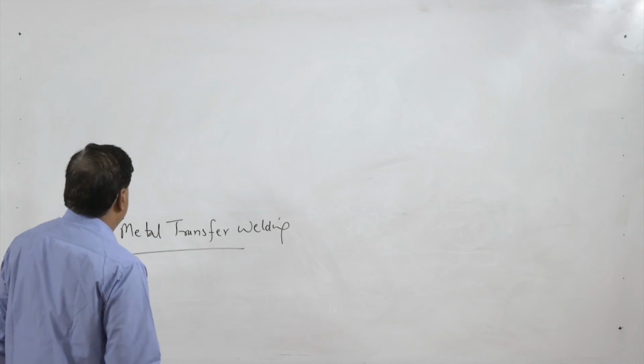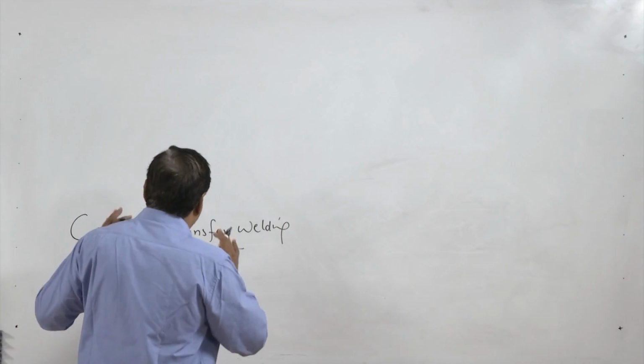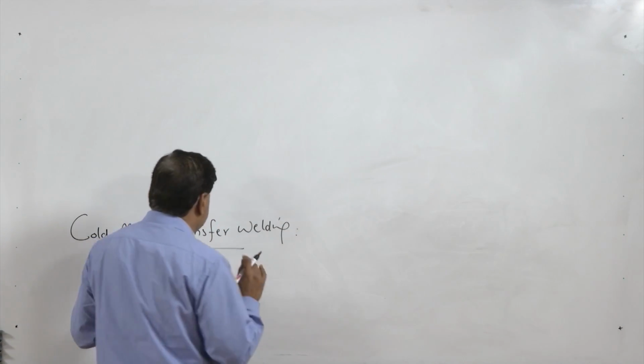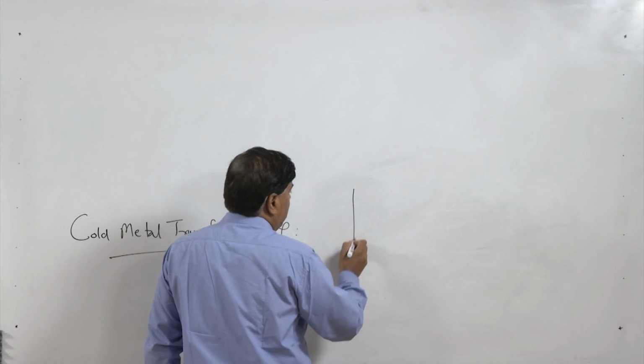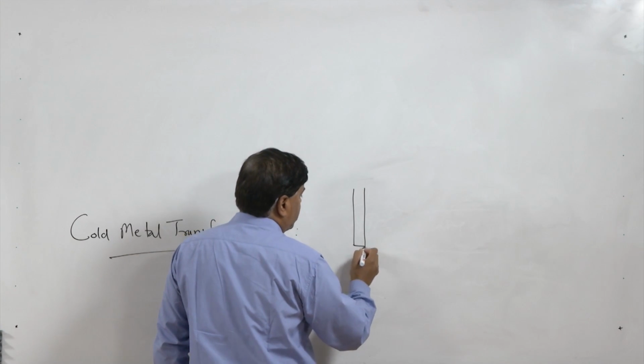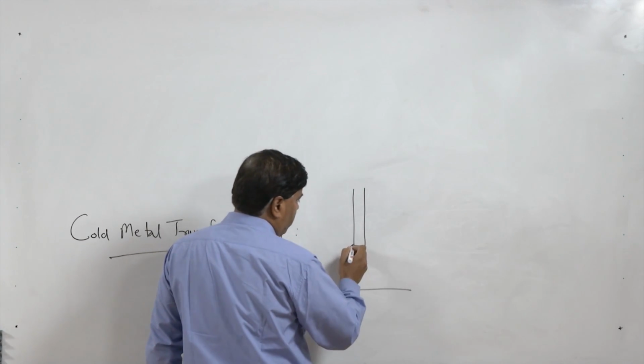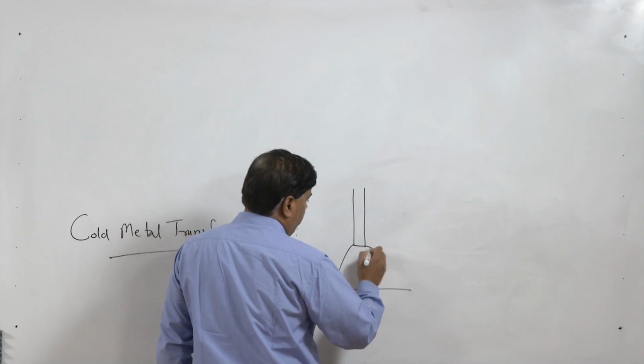before understanding the process principle, it is necessary to see that in a typical gas metal arc welding process, an arc is struck between the electrode and workpiece.